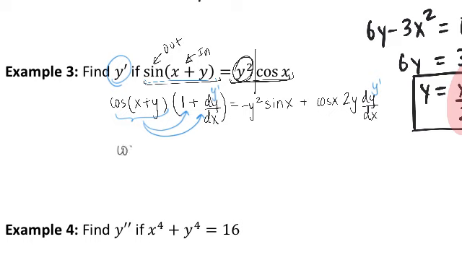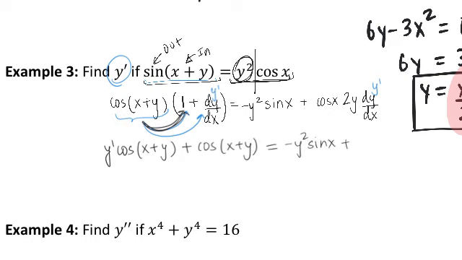So first step might be to go cosine of x plus y times y prime, that's one term, and the other term is just first term here, just cosine of x plus y. And then on this side we have negative y squared sine x plus, I would actually write it as 2y y prime cosine x, just to make sure that all this doesn't look like it's inside the cosine function.